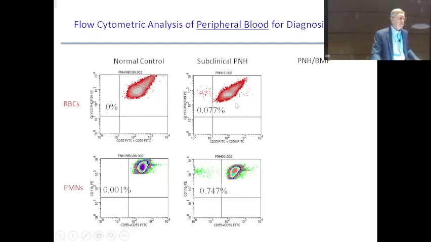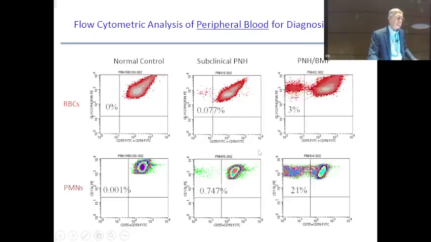Then we have the three classifications of PNH. First, subclinical PNH, in which the PNH clone is very small and produces only a tiny percentage of abnormal cells. Nonetheless, you can see how clearly different these are in terms of the expression of the GPI-anchored proteins. So even though it's a tiny clone, it's clearly present.